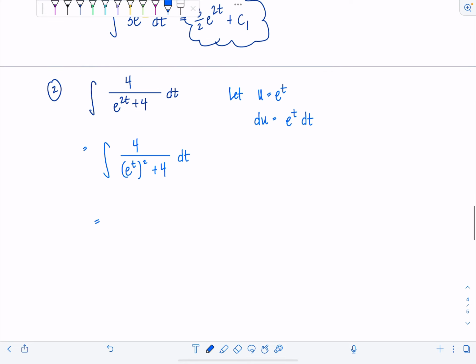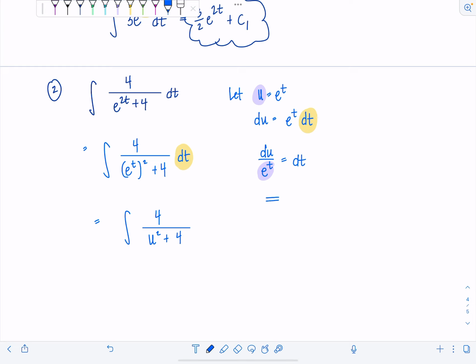Okay, so that means we have the integral of 4 over, if u is e to the t, this is going to be u squared plus 4. And then what about this dt, remember? So dt here is equal to du over e to the t. And remember, e to the t is equal to what? It's equal to u, yes.